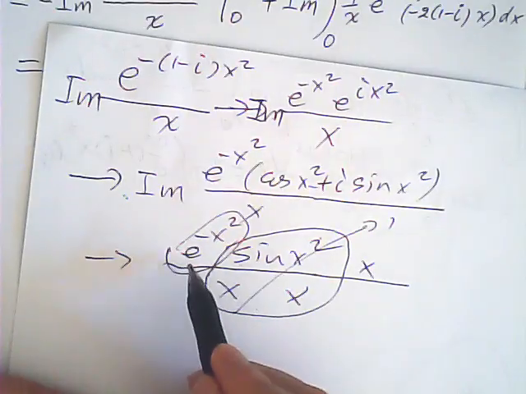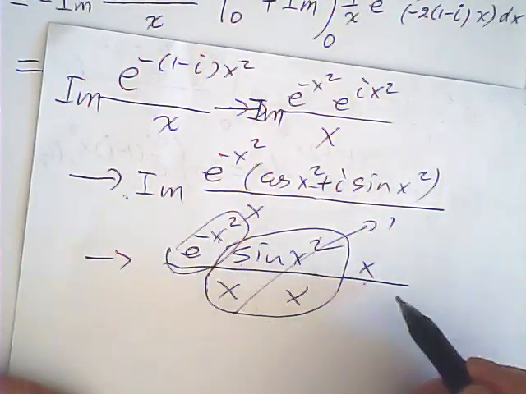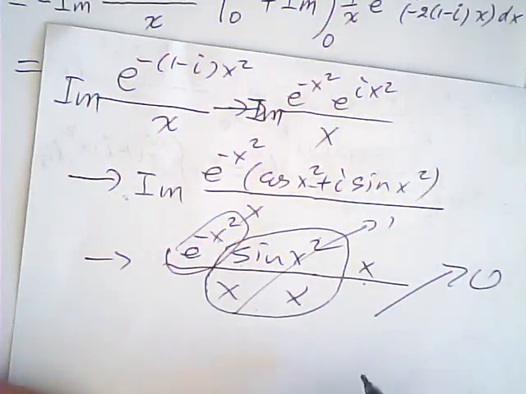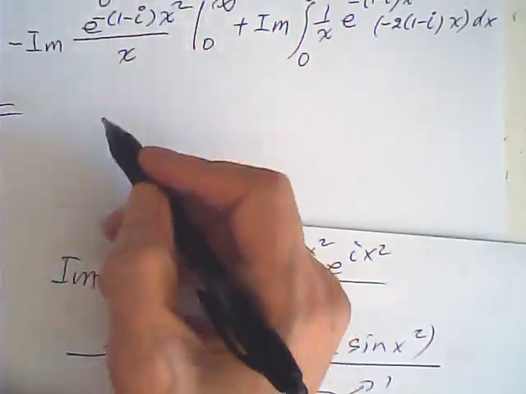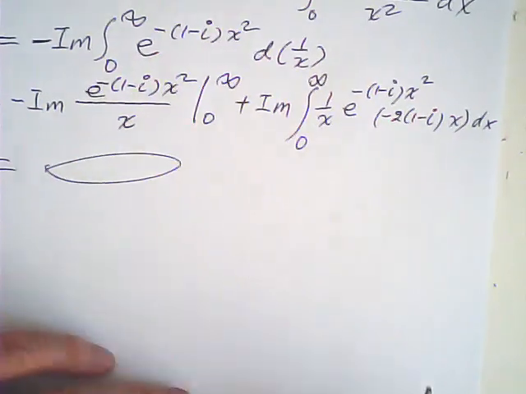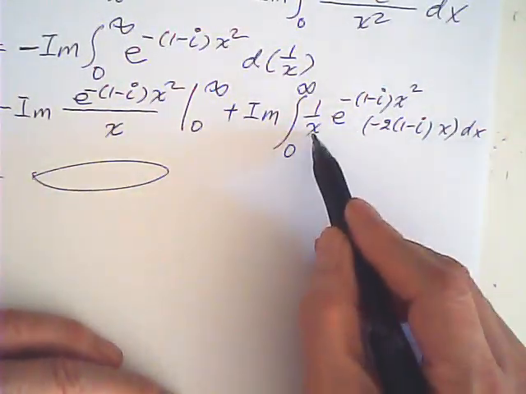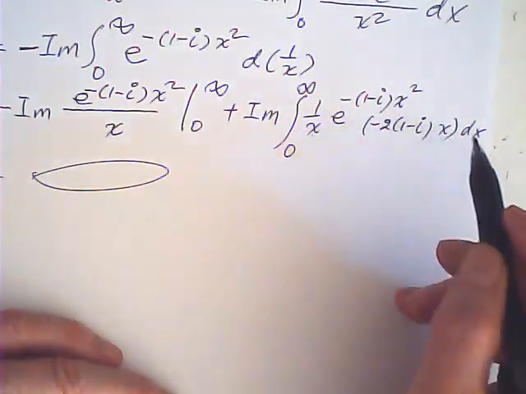So this one goes to 1 as x approaches 0. This one approaches 0. So the whole thing approaches 0. Now left over, this x cancels with that x, right?